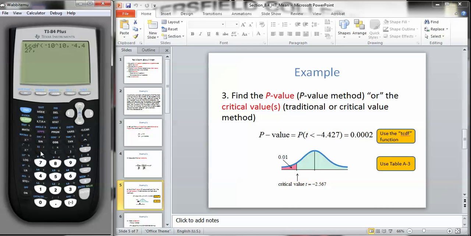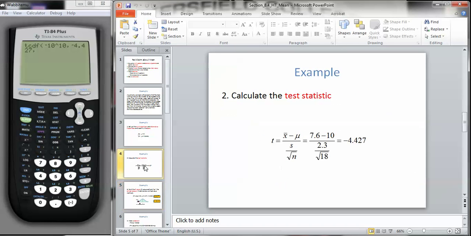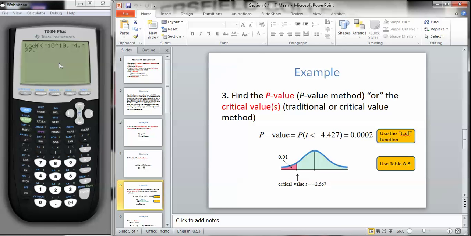Then one more input will be the degrees of freedom. The sample size in this case is, let's just go back one slide, n equals 18, which tells us the degrees of freedom is 18 minus 1, or the sample size minus 1. So we put a 17 here. Then if you round it to 4 decimals, it will be about 0.0002. So this is how to use the tcdf function.